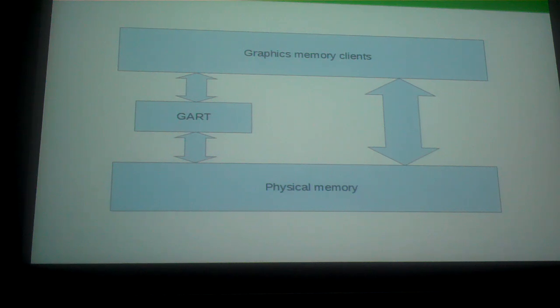Yeah. Memory architecture of the Tegra 2. That's what Martin said today about security. It's not really secure. So you have the graphics memory clients. That's basically what comes from the graphics memory interface, and it's directly connected to the memory controller and then to the physical memory. So you can just use physical addresses in the GPU and go directly to physical memory.